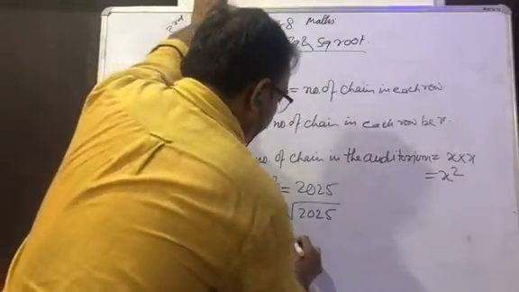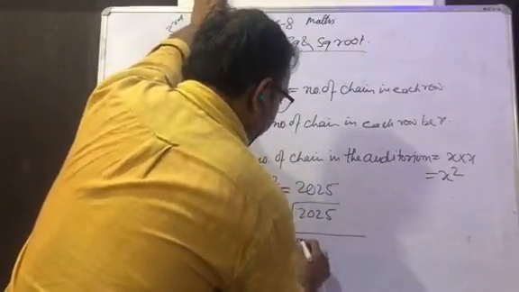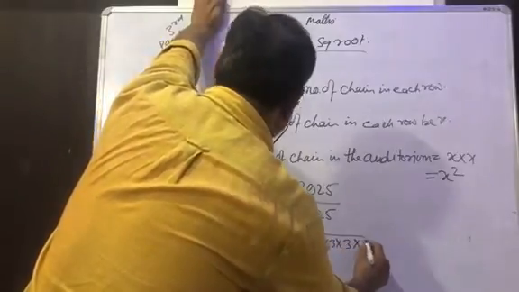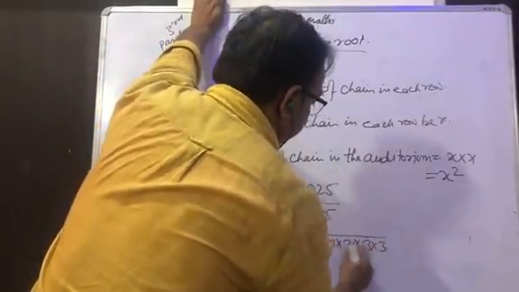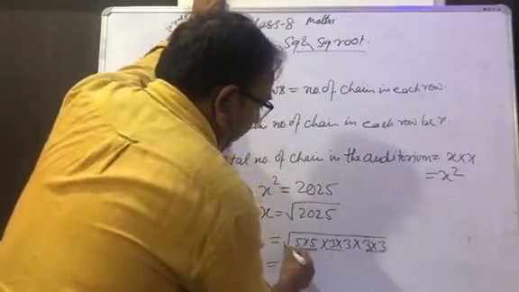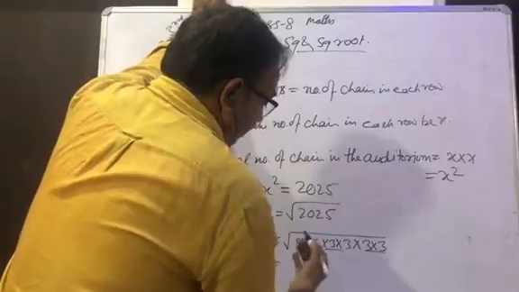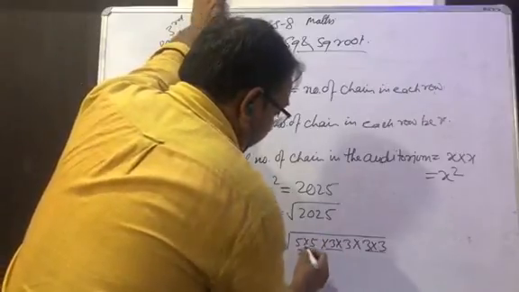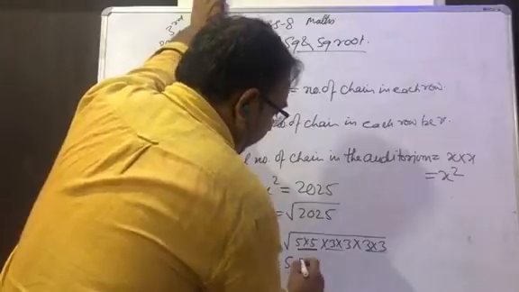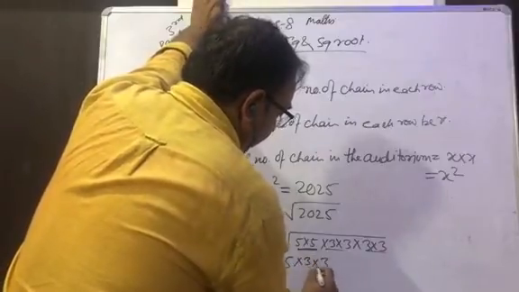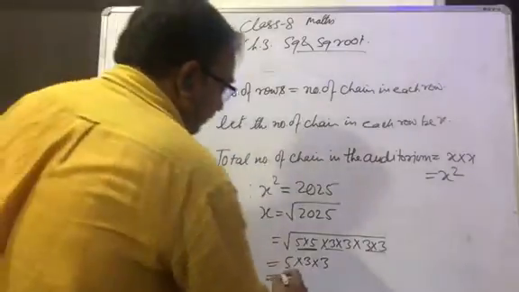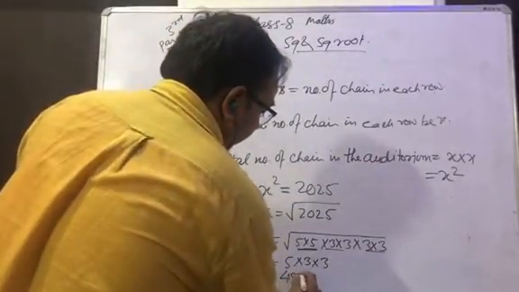It means under root 5 times 5, then 3 times 3, then 3 times 3. Again there are pairs of numbers, so take out one from each pair: 5, then 3, then 3. So it will be 5 threes are 15 and 15 threes are 45.